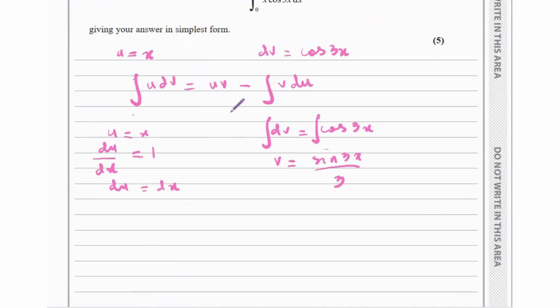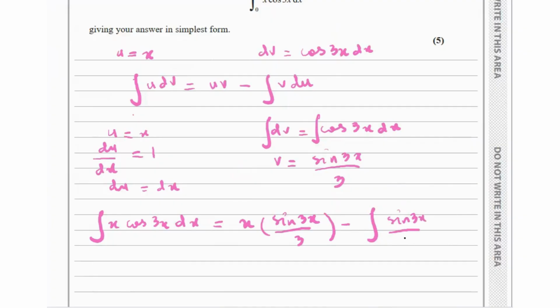Now we're going to substitute these values in the formula. So the integral of x cos 3x dx equals x times sine of 3x over 3 minus the integral of sine of 3x over 3, and we replace du with dx.